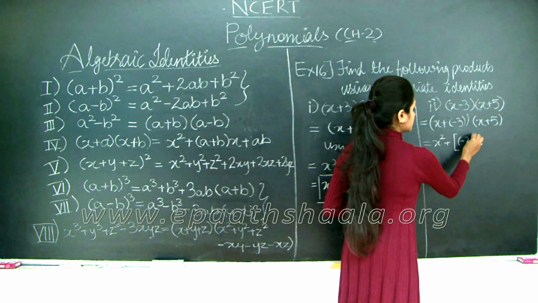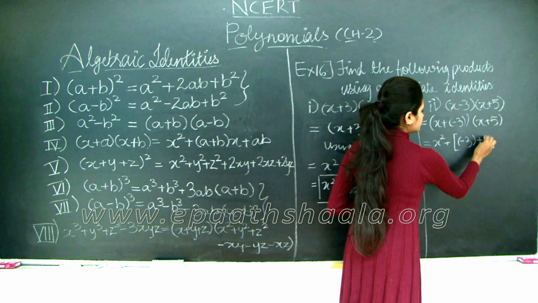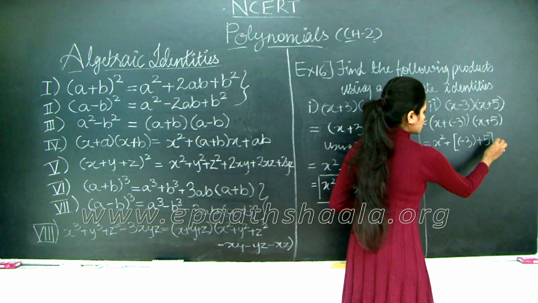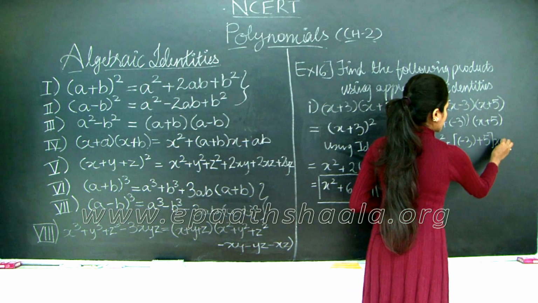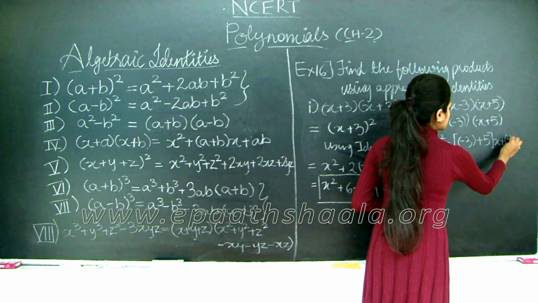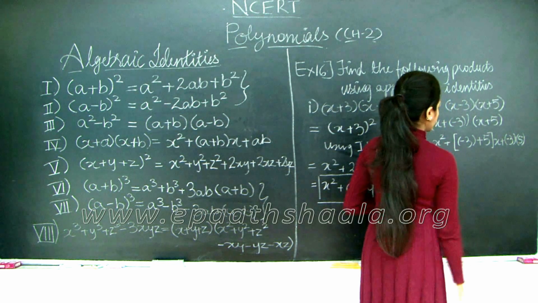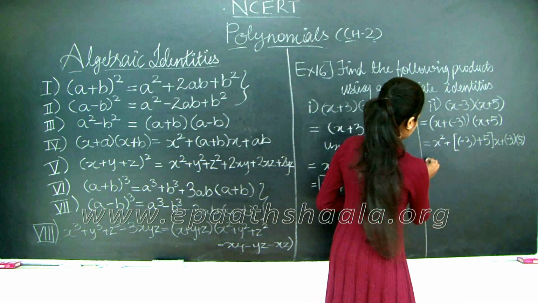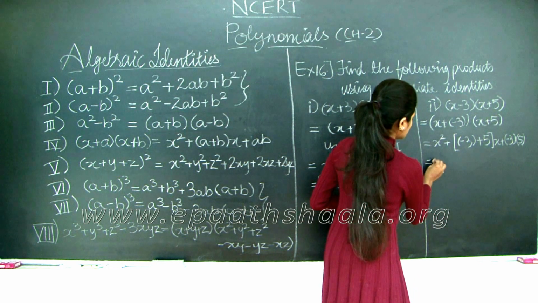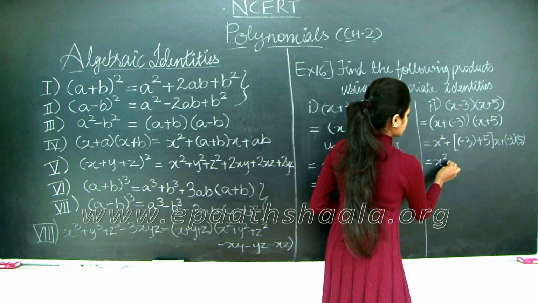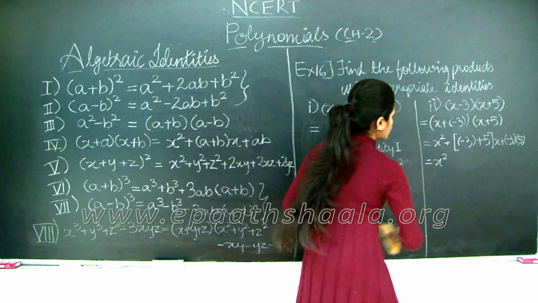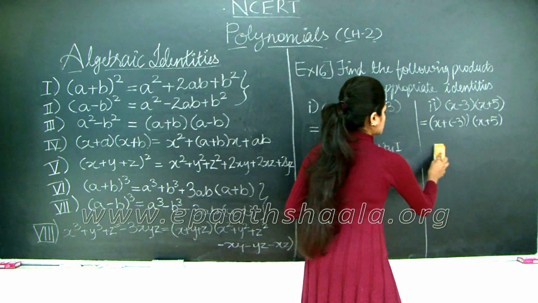minus 3 plus 5 into x plus minus 3 into 5, right, which is equal to x square. Let me write this in a more compact way. It looks too big.